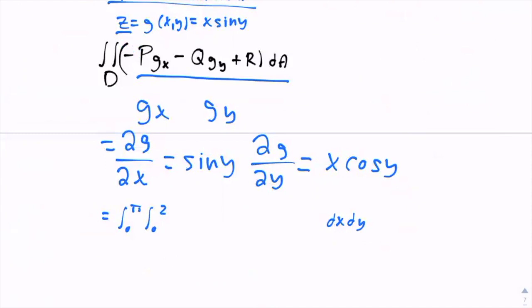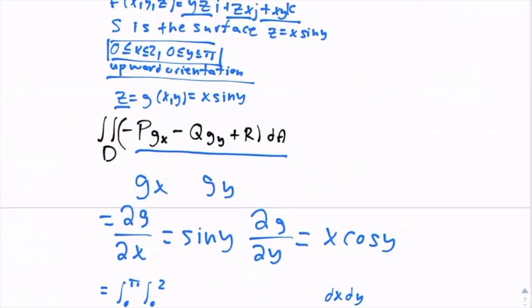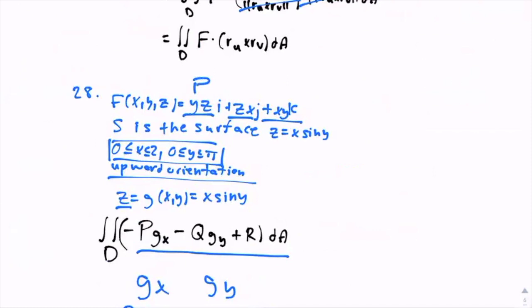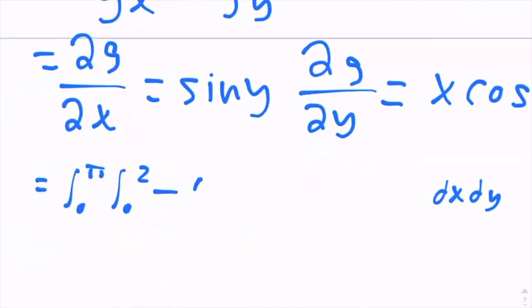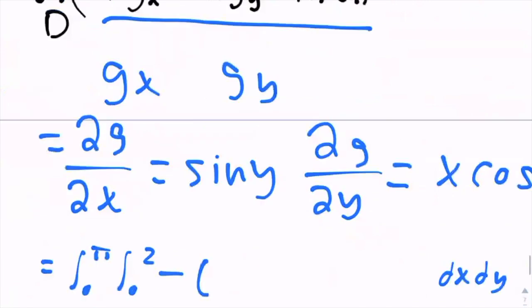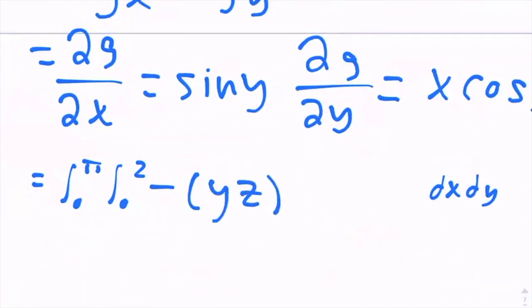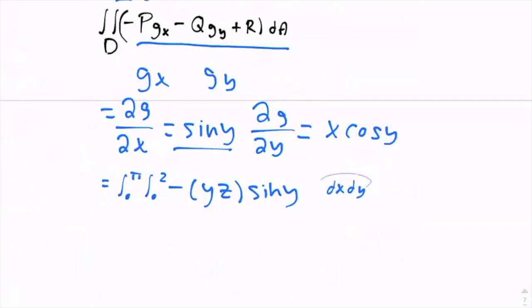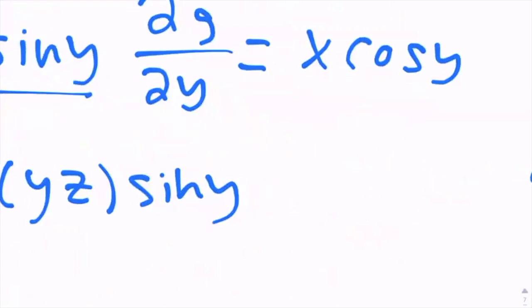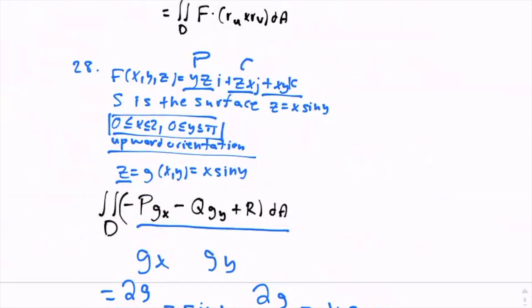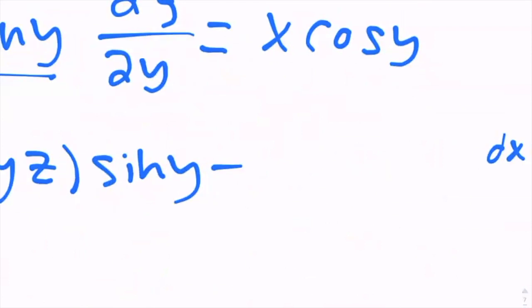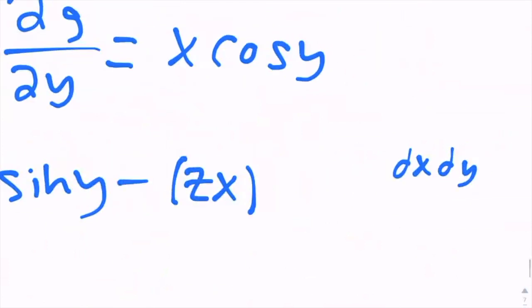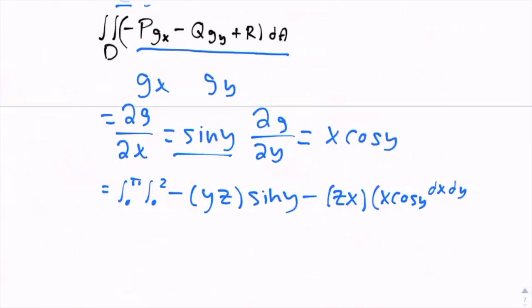Now let's go to the actual integrand. We already have our P value, and we can say minus yz times partial g with respect to x, sine y. Minus Q, which is zx, times partial g with respect to y, x cosine y.